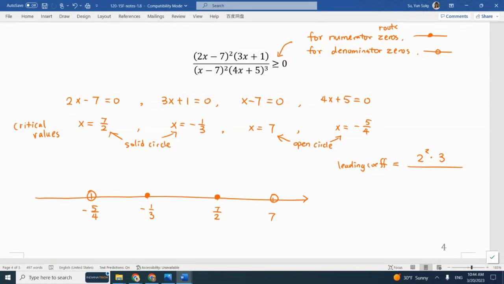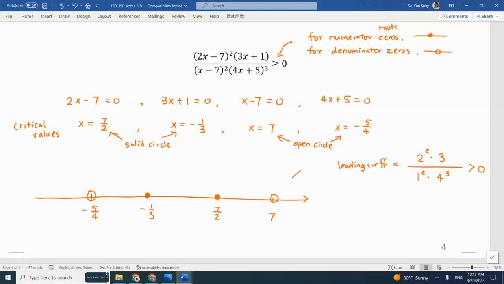So 1 squared. And this factor? 4. So 4 cubed. You don't need your calculator because we just want to know whether this is positive or negative. You see all the factors are positive, so positive, yes.